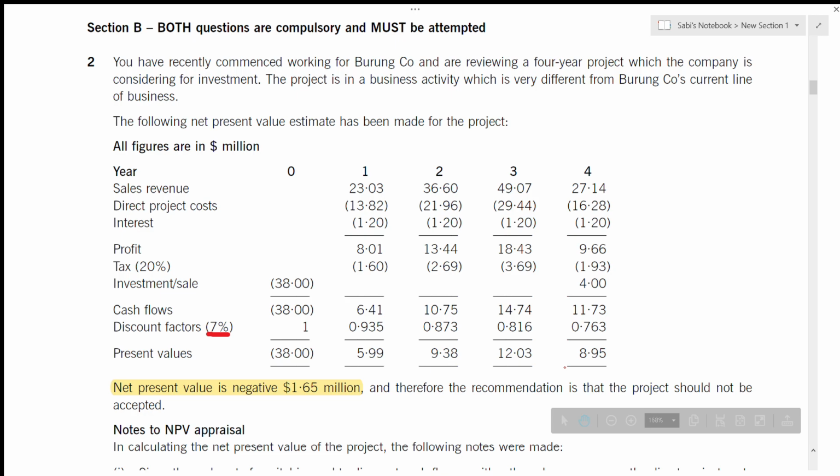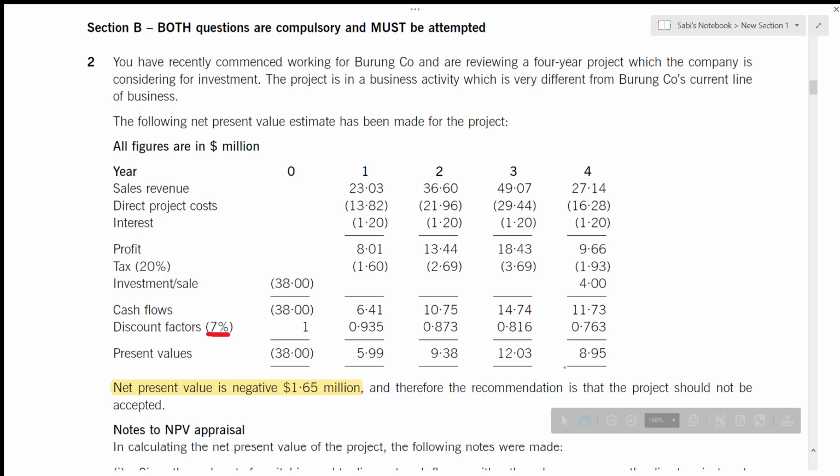First, are you going to calculate adjusted present value, because that's what they asked, or first you have to correct the net present value? Of course, first you have to correct the net present value, then only you can calculate the adjusted present value, because you need the base case net present value to calculate the adjusted present value, right? Without that you cannot calculate adjusted present value.